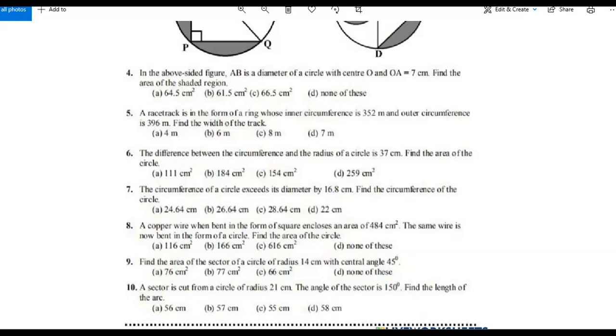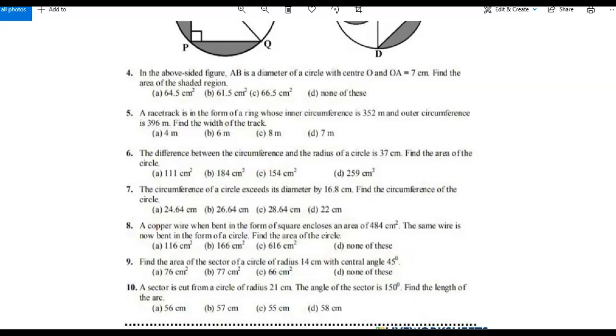So let's do this question. The difference between the circumference and the radius is 37. Let me write it. Difference between the circumference and the radius means 2πr minus r is equal to 37.